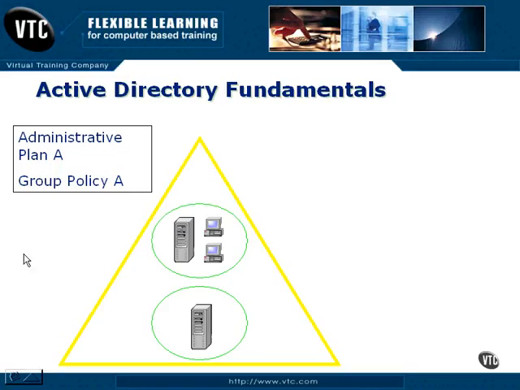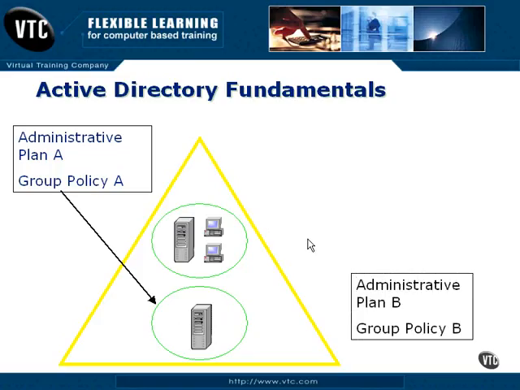I could easily move this server or any one of these clients into this organizational unit. I have set up a group policy that says anybody in this organizational unit has certain rights, has certain functionalities. They see certain desktops, for example, when they log on. And then I can say that people in this organizational unit see a different desktop when they log on or have a different functionality. So that's what organizational units are used for.